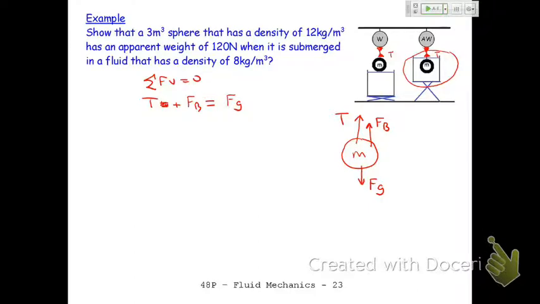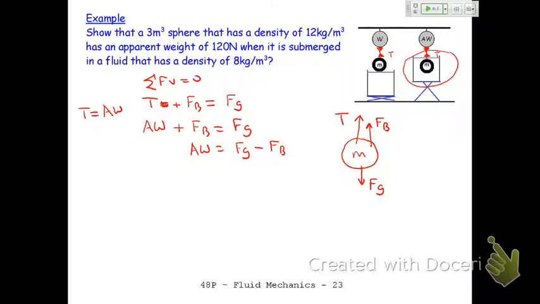Then I recognize that my tension is my apparent weight, plus FB is equal to FG. So my tension equals my apparent weight, and it's the apparent weight I want. So my apparent weight is equal to my FG minus my FB. What does the AW stand for? Apparent weight.